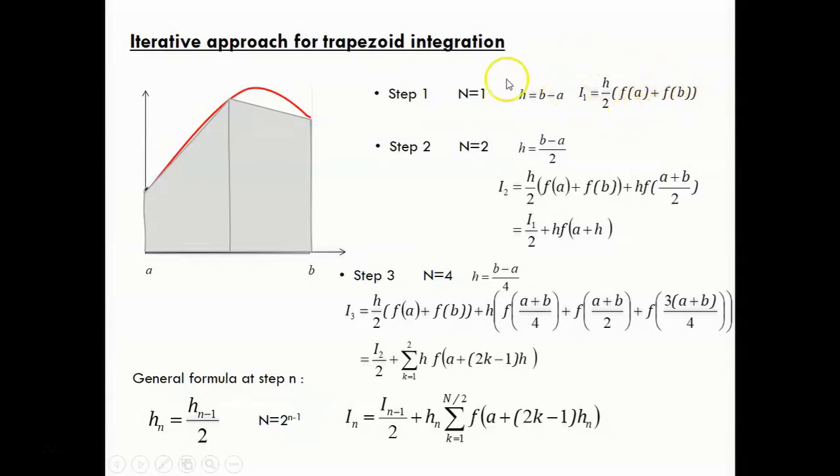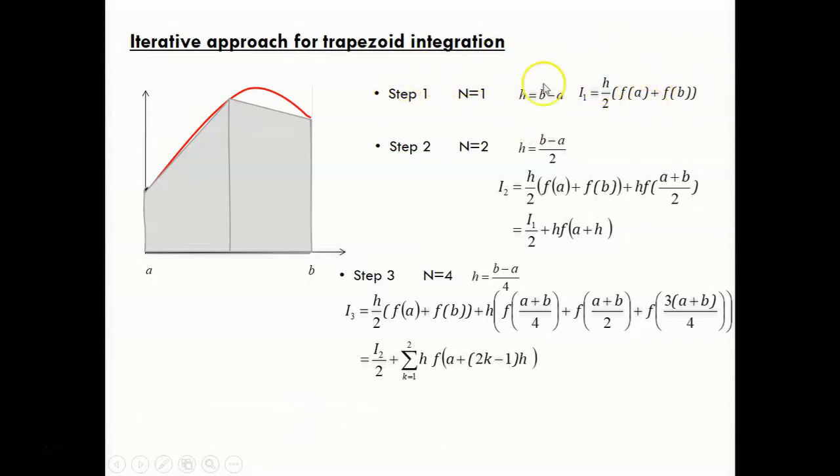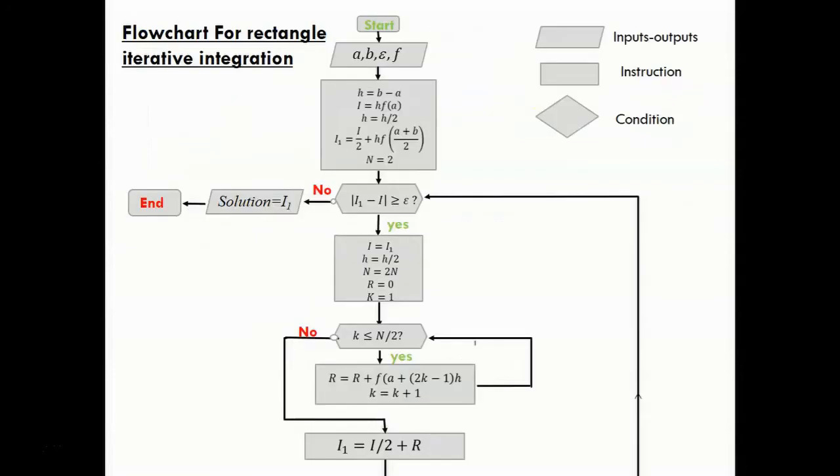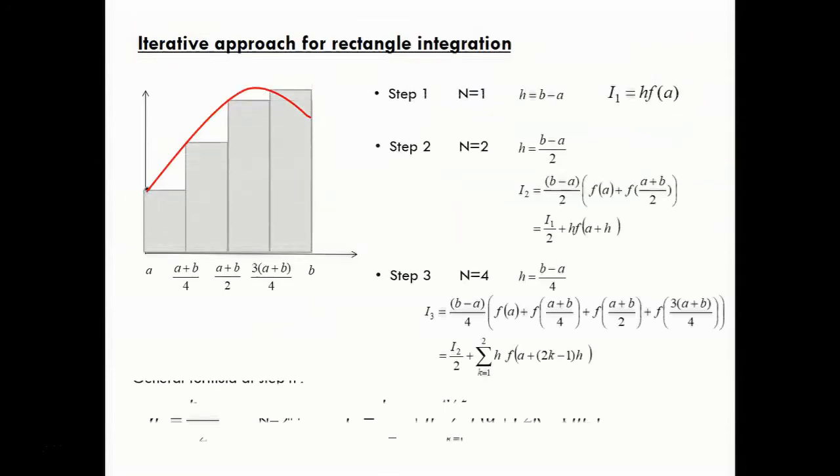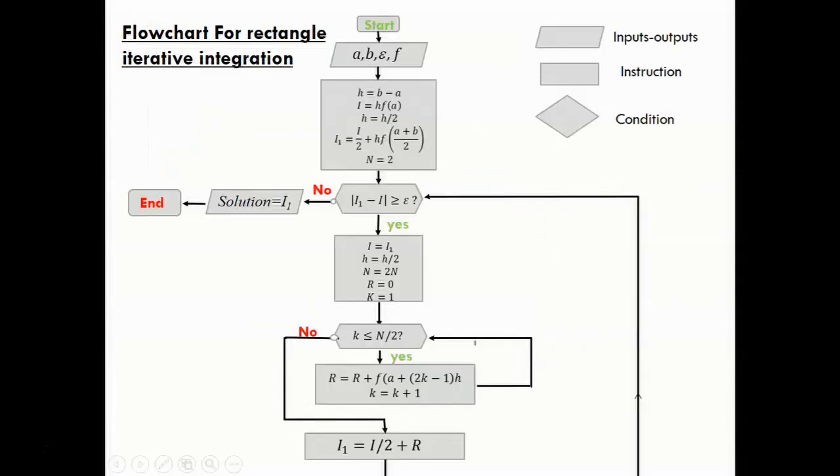So the only difference resides in the first step. So the program for this iterative approach is exactly the same algorithm. The only difference is in this line. Instead of h f of a, we have h over 2 f of a plus f of b.